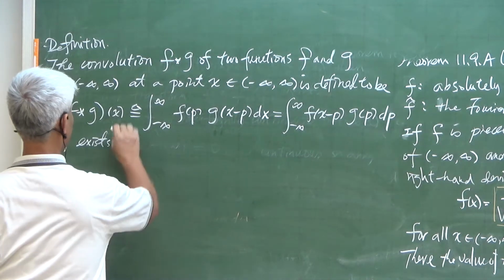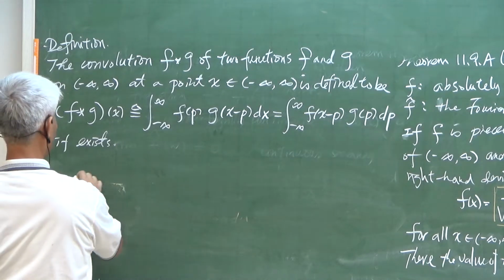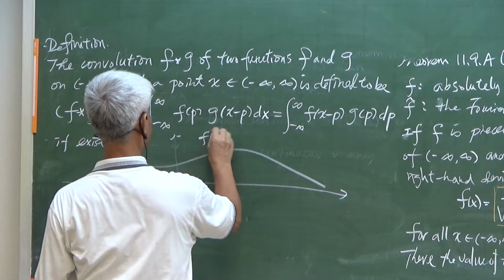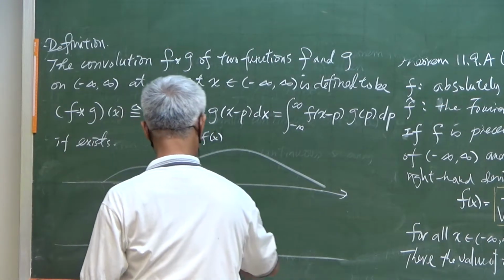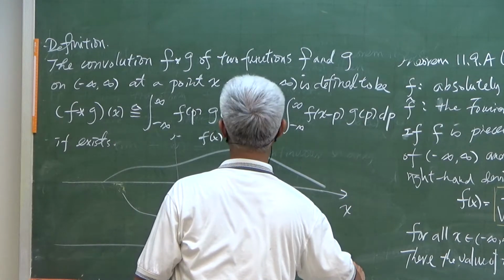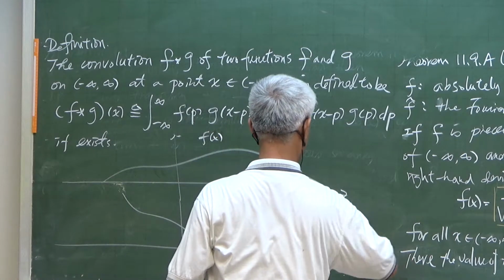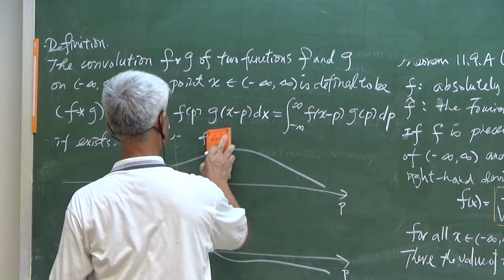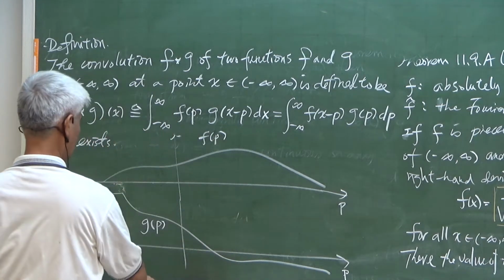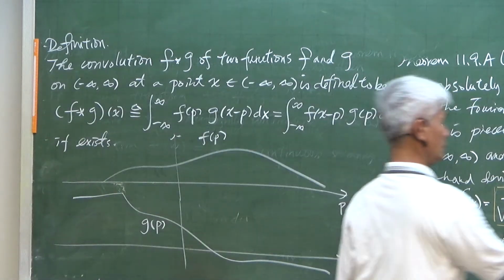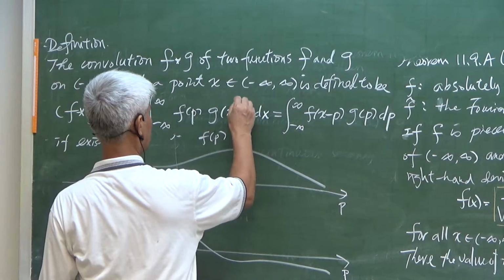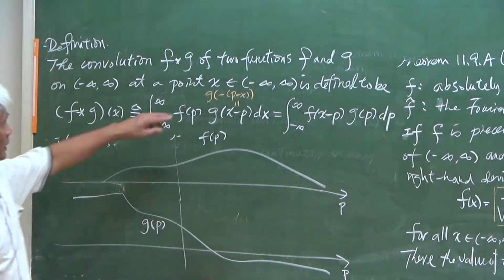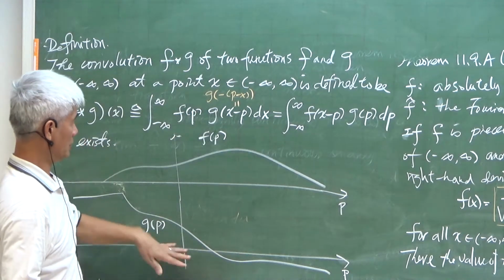So convolution is an operation where, if we have f of x here, and we have another function g of p, this one is actually equal to g of minus p minus x. First of all, you shift.